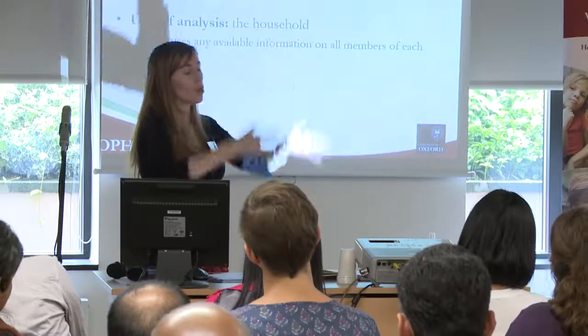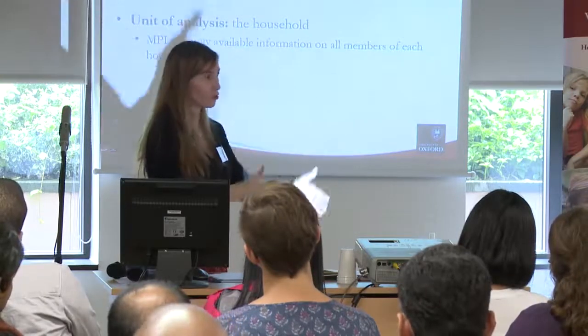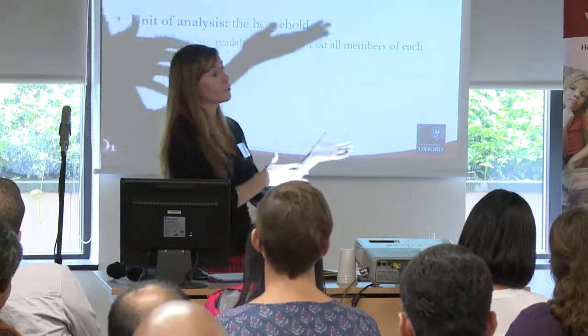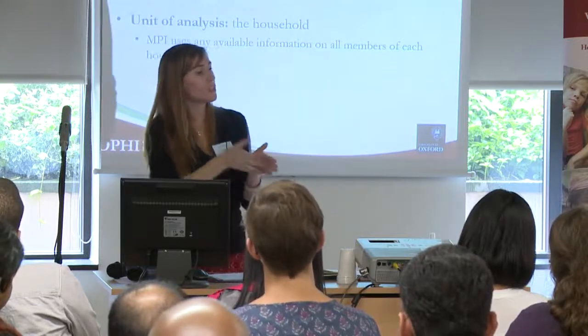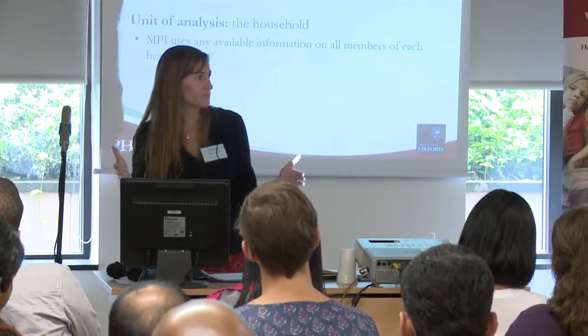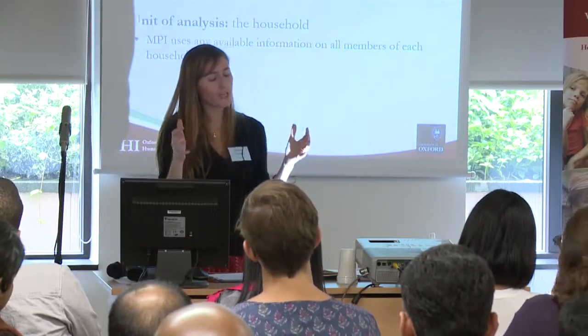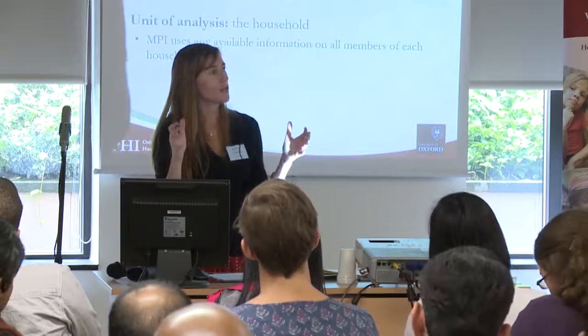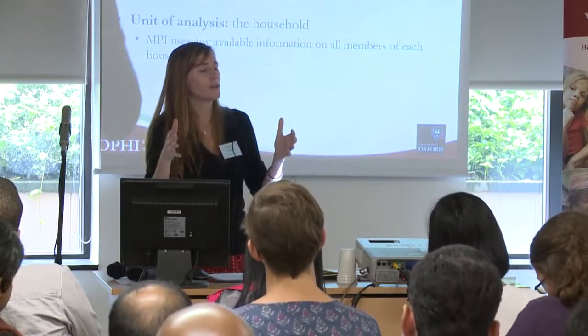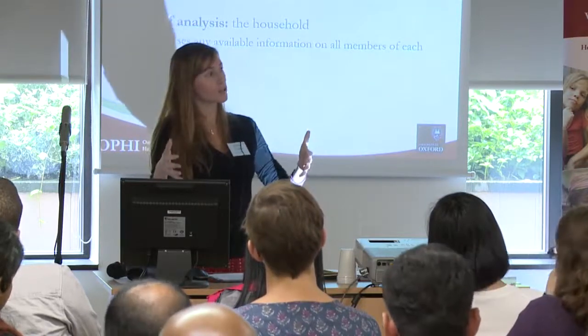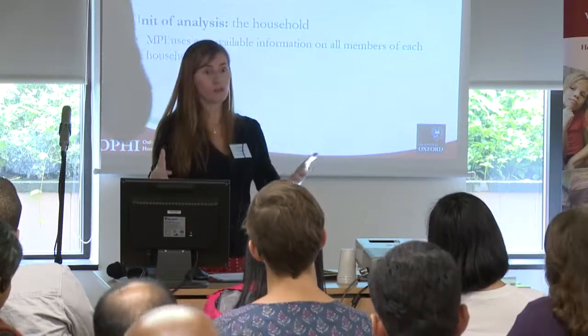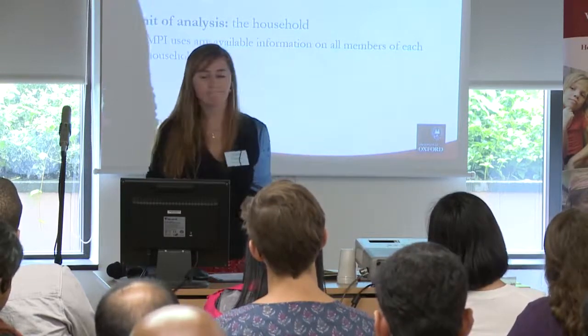If there is no nutritional information at all in the survey, we compute the MPI, as I was mentioning before, using the other 9 indicators. But at the end, the sample that we keep for the final computations are those households that have non-missing answers, so they have real information for all the indicators.